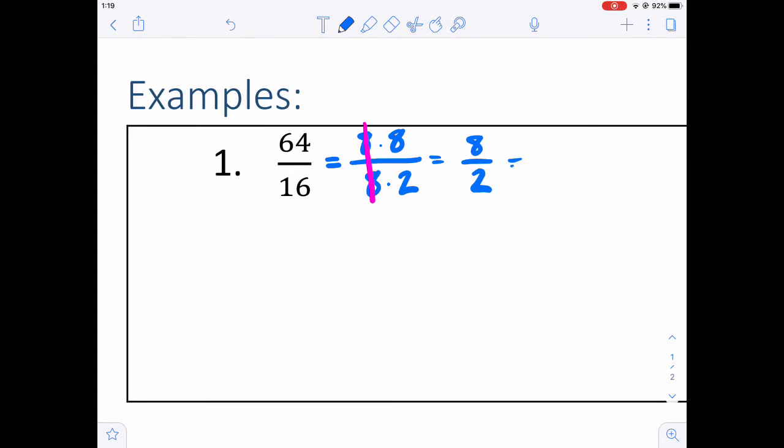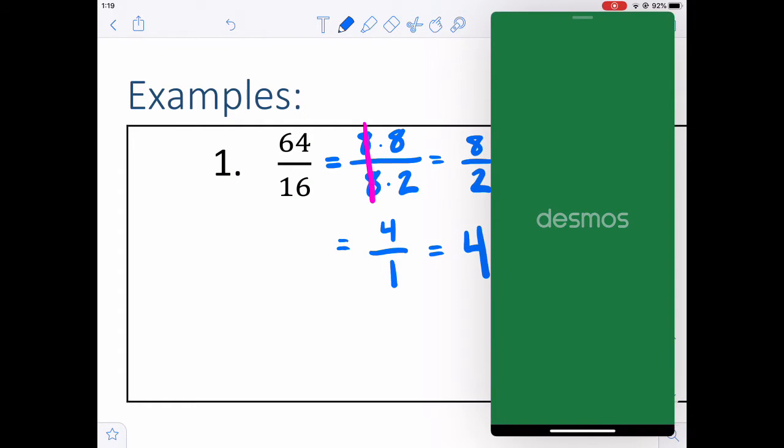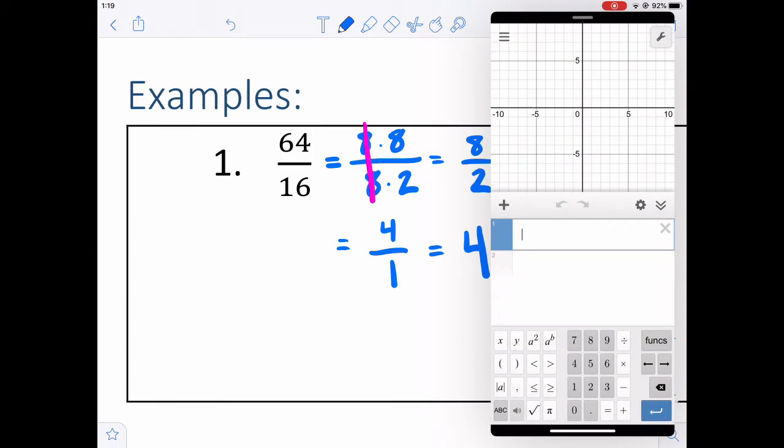We can factor 8 as 4 times 2, and then we cancel these out, and what we really end up with on the bottom is a 1. And 4 divided by 1, we don't really need that divide, so we get 4. So 64 divided by 16 should simplify to 4. We can check that. 64 divided by 16 gives us 4.